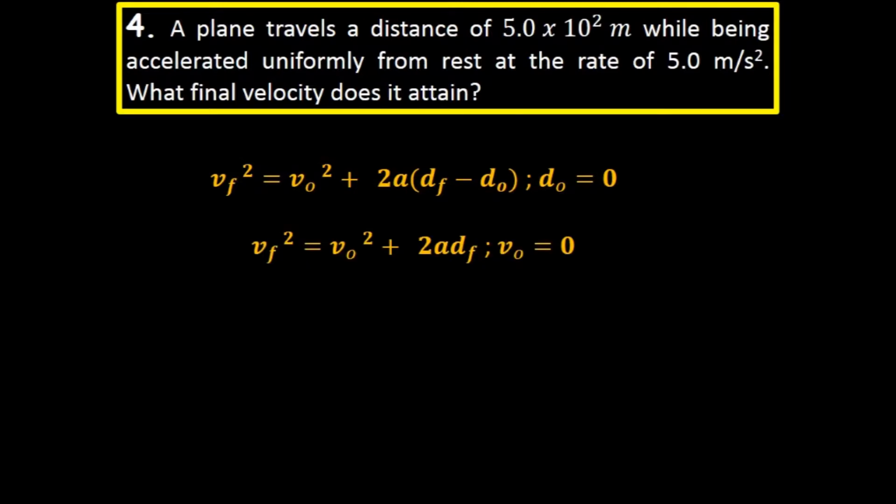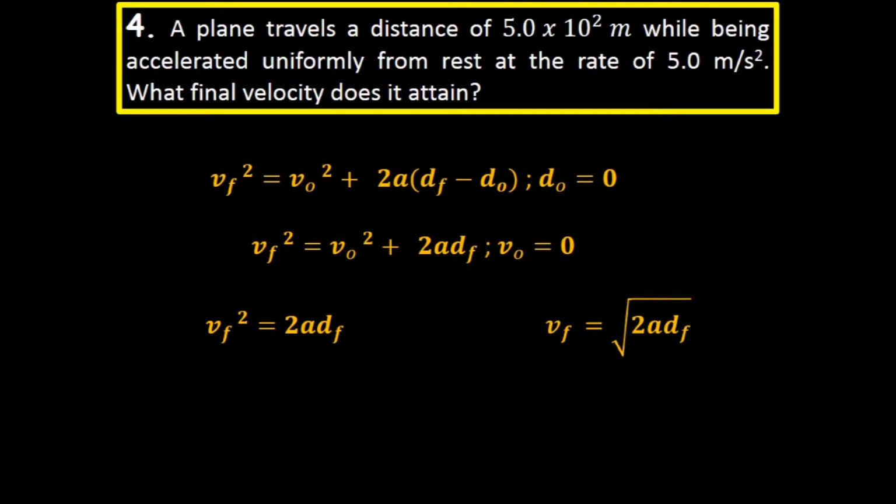Now we know that d naught is 0. It's going to start from 0, so V naught is 0. And then Vf final squared equals 2a df, where df is the final distance, or how far it went.